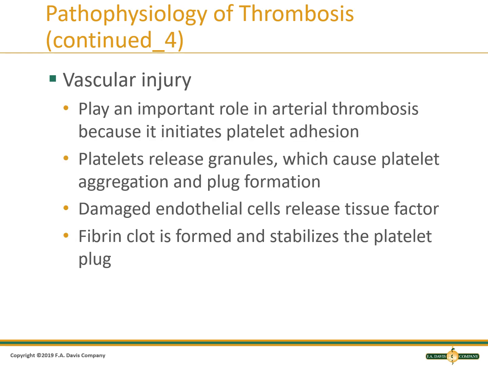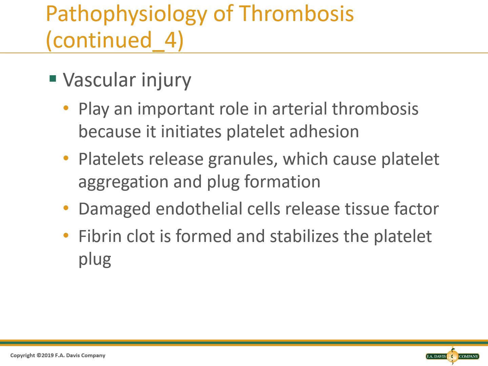When it comes to the vascular injury, how everything works in this process plays an important role in the arterial thrombosis because it initiates the platelet adhesion, and once those platelets release their granules, which we talked about in another lecture, it causes the platelet aggregation, so the platelets rush to that area and then they have the plug formation.